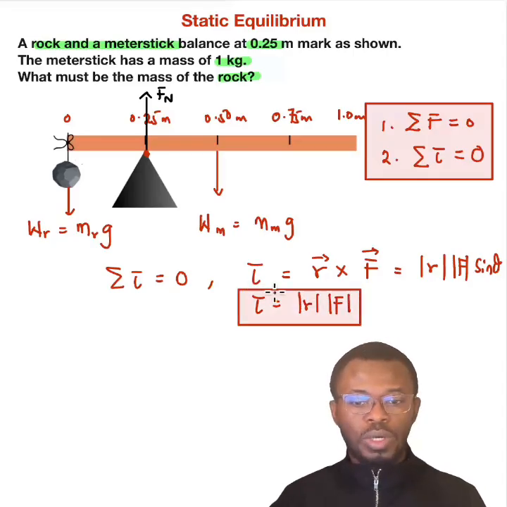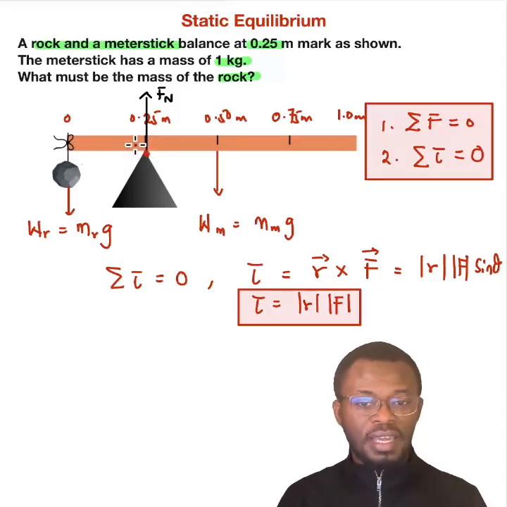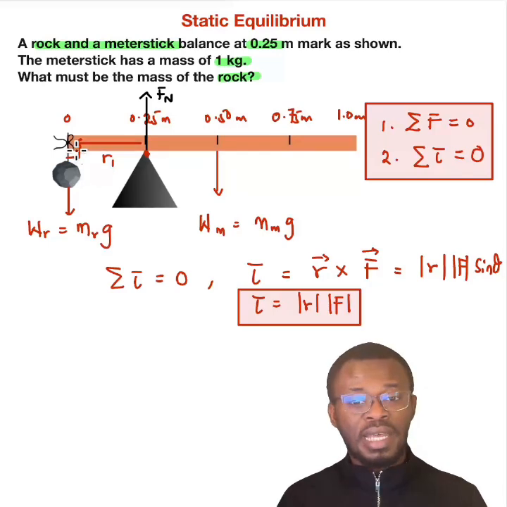So if we go back to our problem here, from the pivot, which is the 0 point in this case, we can define some r. From the pivot, we can define some R1. At this point, there is the weight of this rock acting vertically downwards, and they are perpendicular, so the angle between them is 90 degrees.